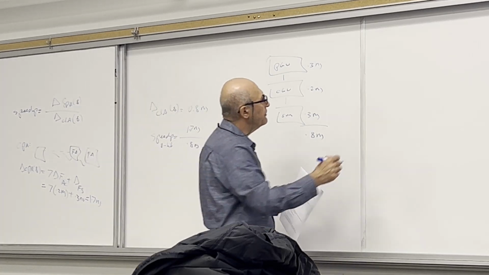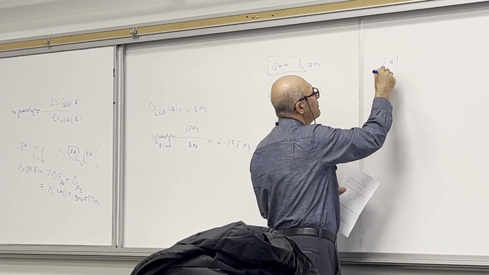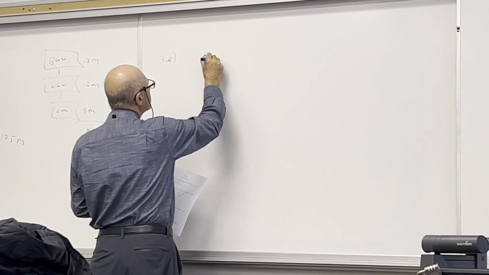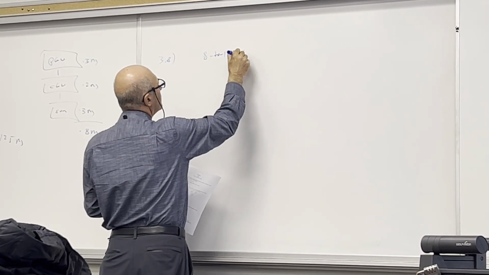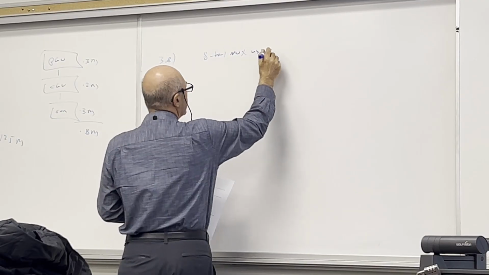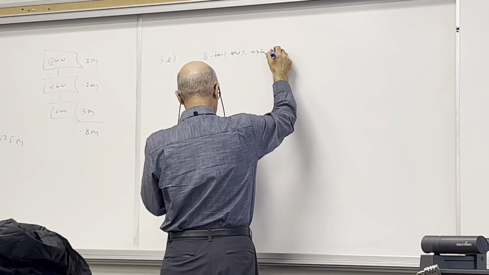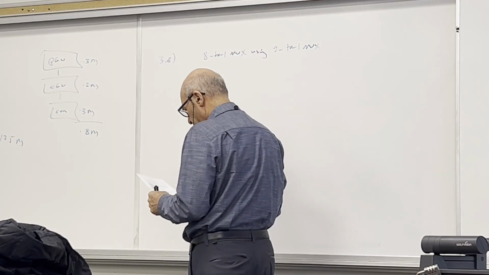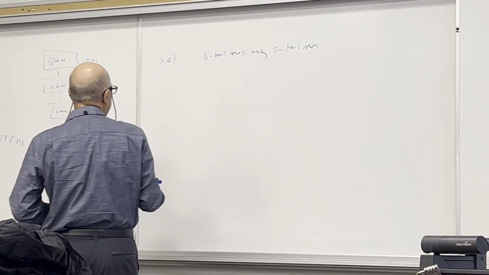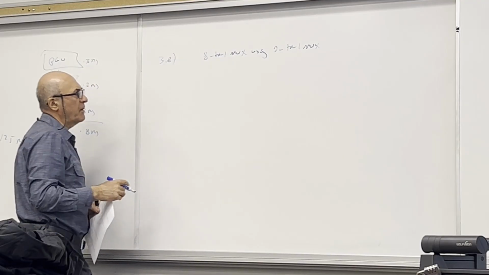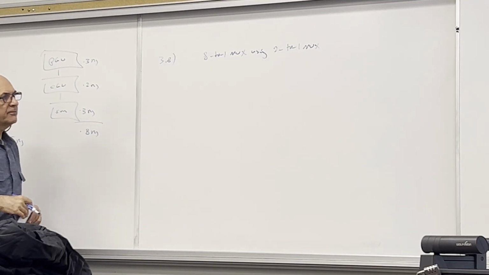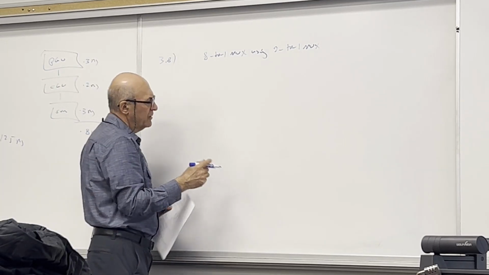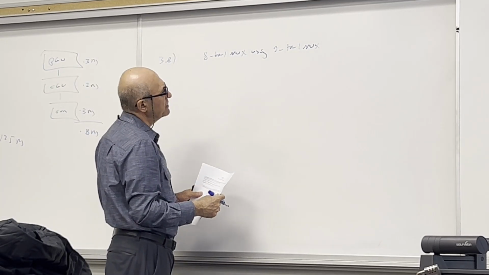Second question, 3.8. It says design an 8 to 1 mux using 2 to 1 muxes. Now we can't design an 8 to 1 mux just using sum of products. That's going to be a fan-in and fan-out violation or very close to it. So you have to use a tree structure.